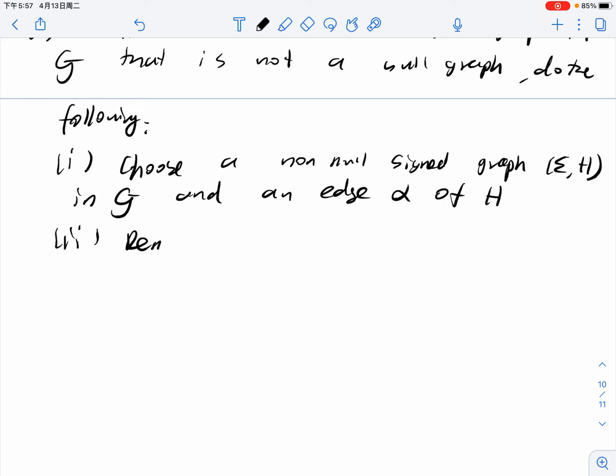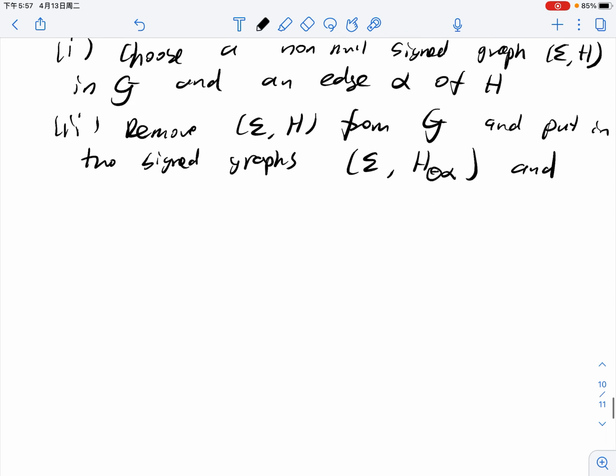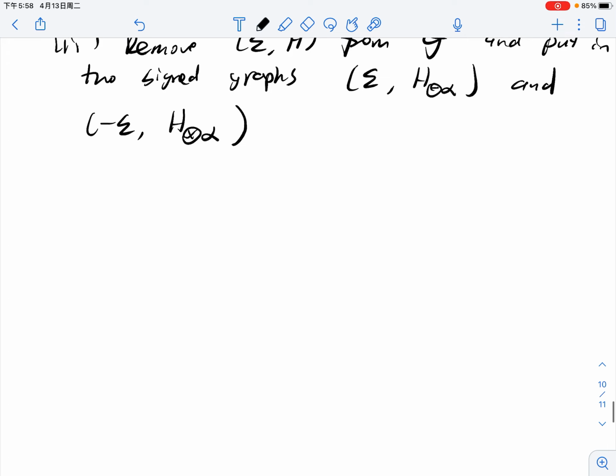Secondly, remove epsilon h from Kyle G and put in two signed graphs. So one is epsilon h circle minus alpha, and the other one is negative epsilon h circle product alpha. Actually, this is just the algorithm we used in the proof of the last theorem.